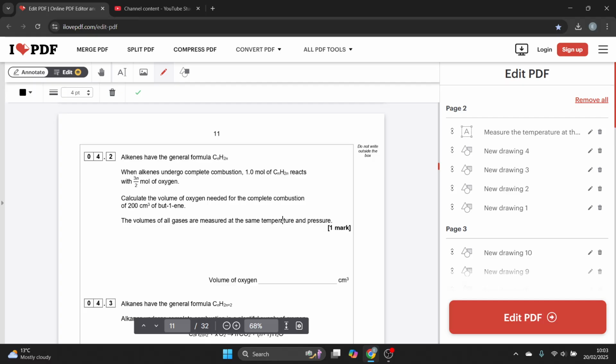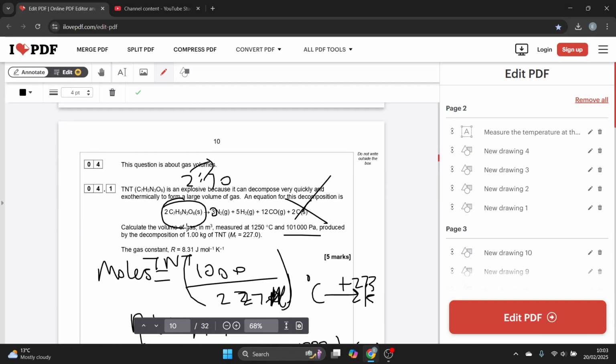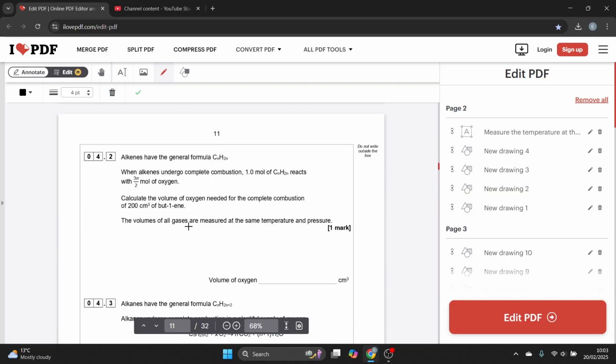Then it says calculate the volume of oxygen needed for the complete combustion of 200 cm3 of butane.